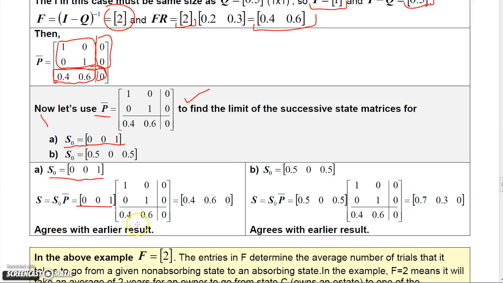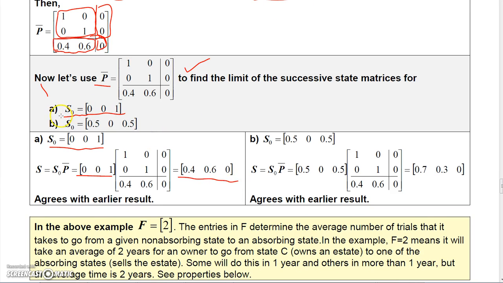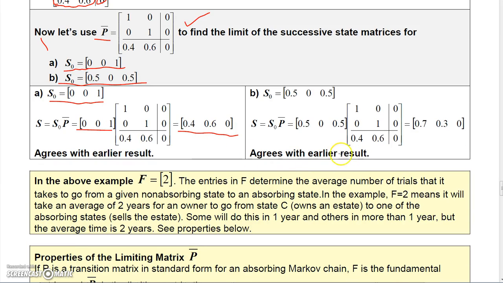That gives me 0.4, 0.6, 0. But if I multiply the other state matrix by it, it gives me 0.7, 0.3, and 0. And that agrees with our earlier result for those matrices that were associated with those state matrices.